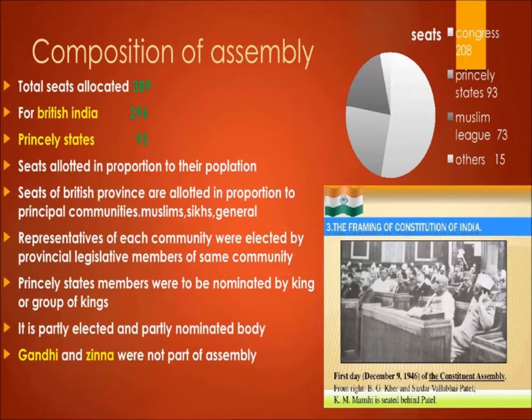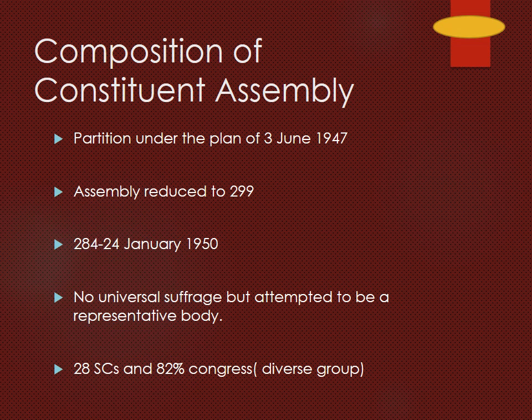The most important point is that Mahatma Gandhi and Muhammad Ali Jinnah were not part of the assembly. As a consequence of the partition under the plan of 3rd June 1947, also known as the Mountbatten Plan, brought by the British government to accept the partition of British India, those members who were elected from territories which fell under Pakistan ceased to be members of the Constituent Assembly.